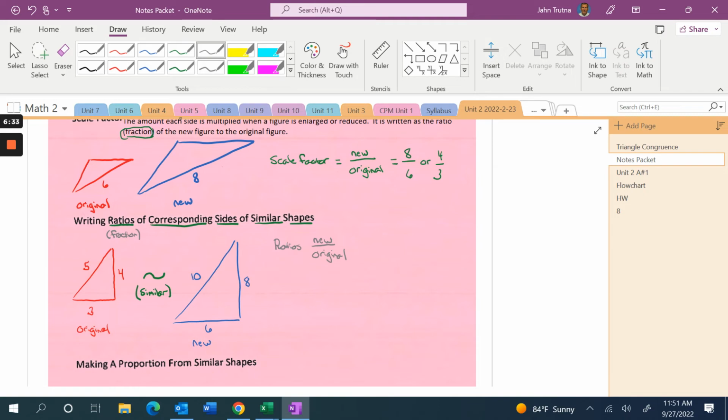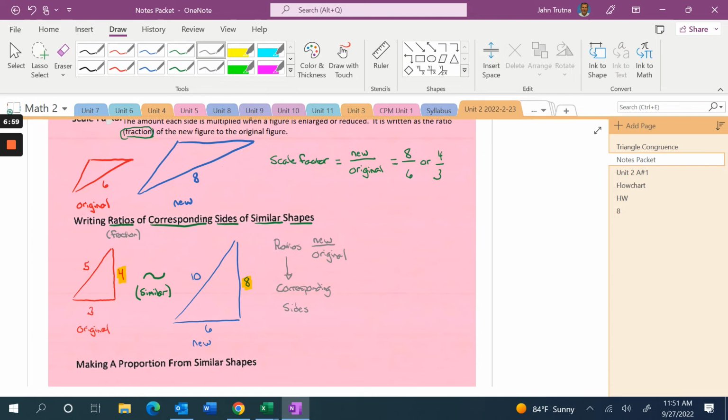So when I'm writing the ratios of the corresponding sides, I'm going to pick a side from the new shape, and you can pick any side you want. Let's go ahead and pick 8. Then I'm going to go over to the original shape, and which side corresponds? Well, that would be 4.